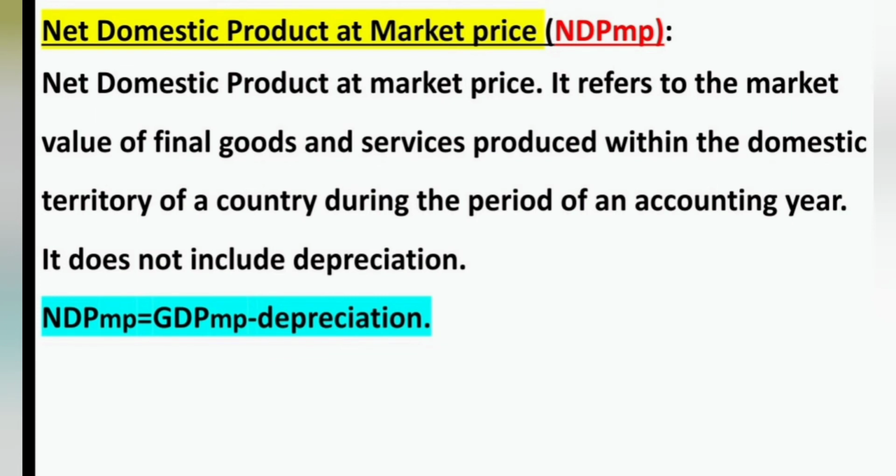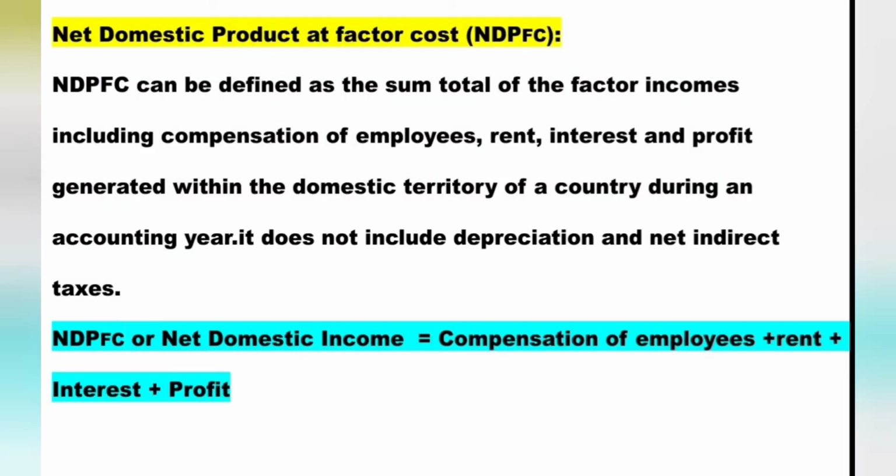A gross aggregate includes depreciation. When we deduct depreciation from gross, we get the net concept. This is NDP at market price, so it includes net indirect taxes. So, GDP at market price minus depreciation gives NDP at market price.